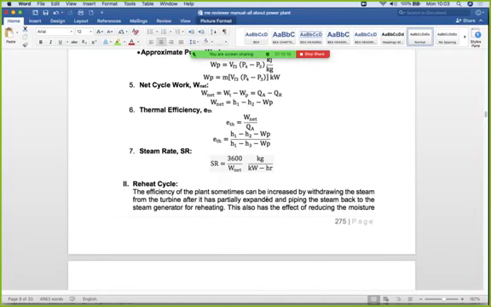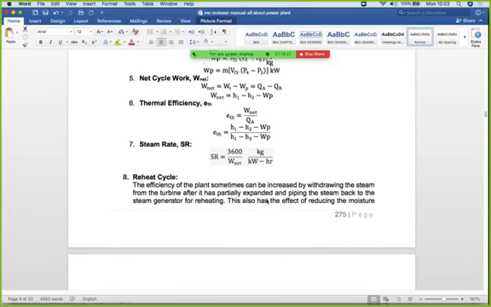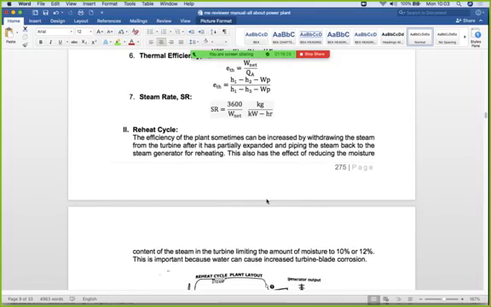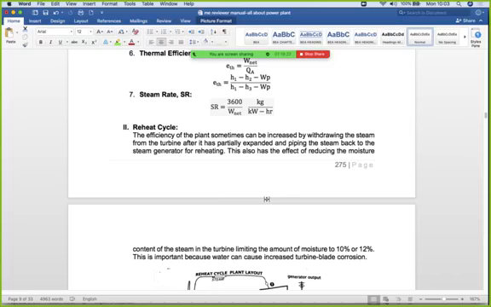You should know the different cycles related to the different power plants. So we go to the reheat cycle. What is reheat cycle? Reheat means the process where after applying heat, you apply another heat again. So that's reheat. The efficiency of a plant can sometimes be increased by withdrawing the steam from the turbine after it has partially expanded and piping the steam back to the steam generator for reheating.